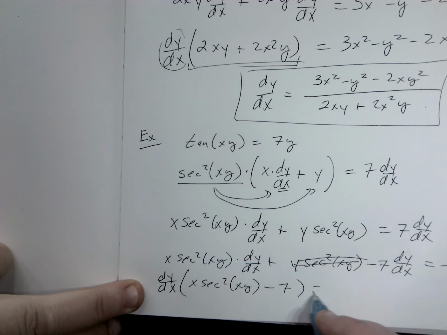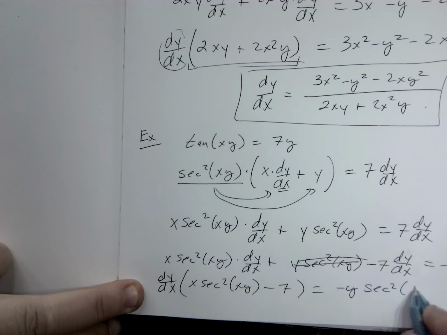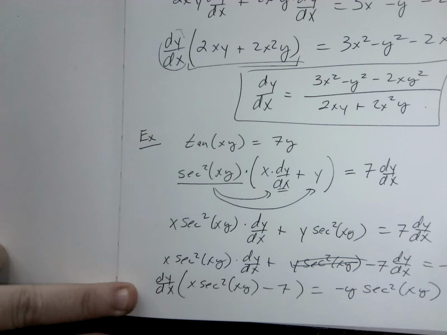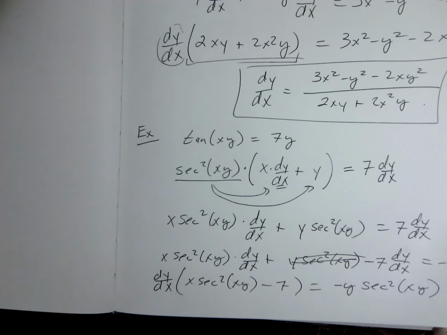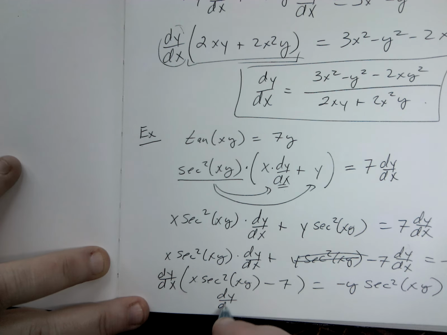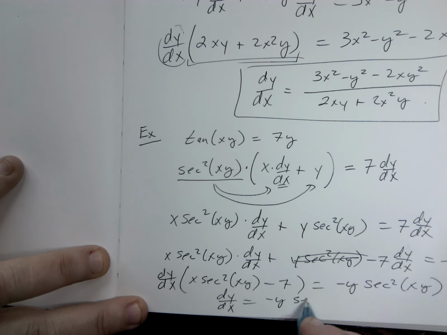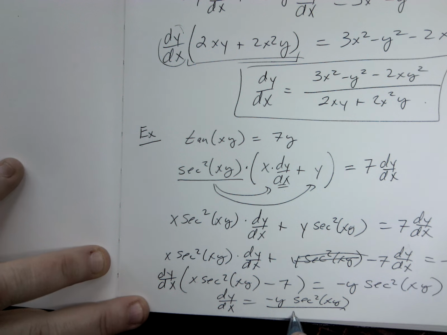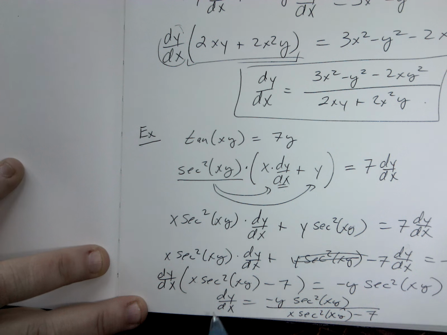On the other side I have negative y secant squared of xy, making the final answer dy/dx is equal to negative y secant squared of xy all over x secant squared of xy minus 7.